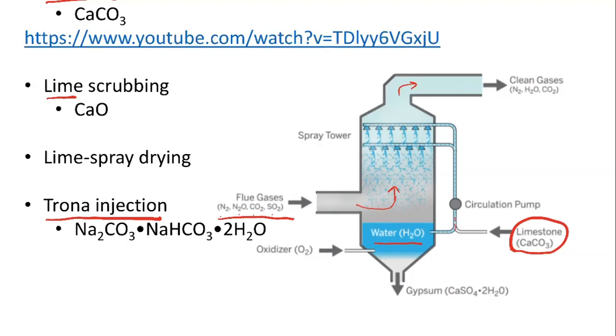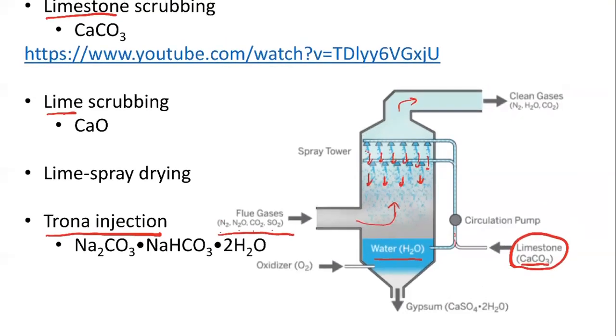The spray tower is going to generate tiny droplets containing the calcium carbonate, which is the limestone, and then they're going to fall down because of gravity. So we have the flue gas going upwards, and we have the droplets going downwards, right? So there's going to be better contact between the gas flow and the liquid, right?